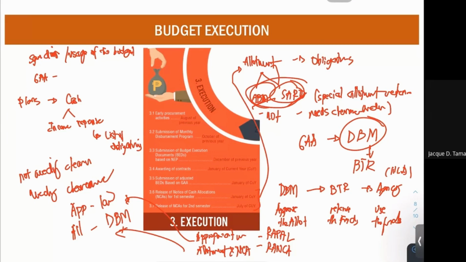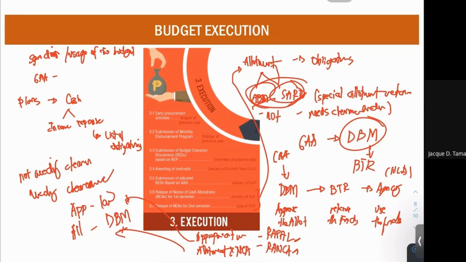That is now the DBM and NCA going to your agency. So, once there is already a GAA, the DBM will record the GAA in the RAPAL. Once the DBM approves the allotment going to the agency, where will the DBM record it? To the RANCA. Clear? Okay.